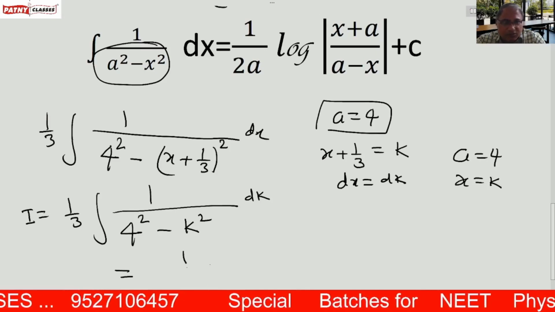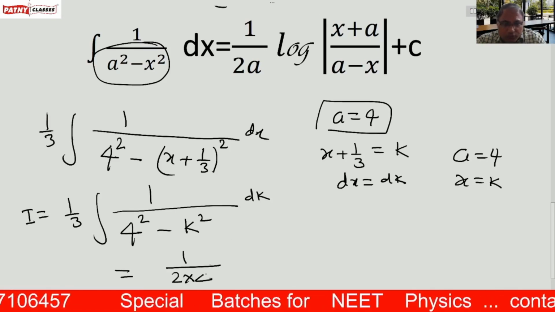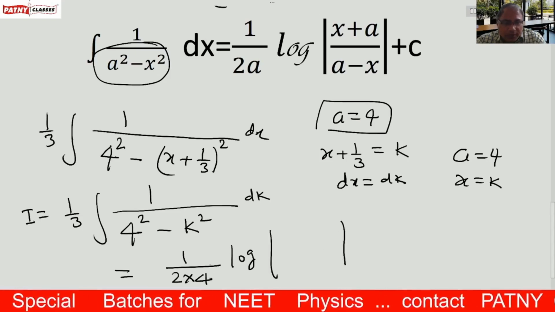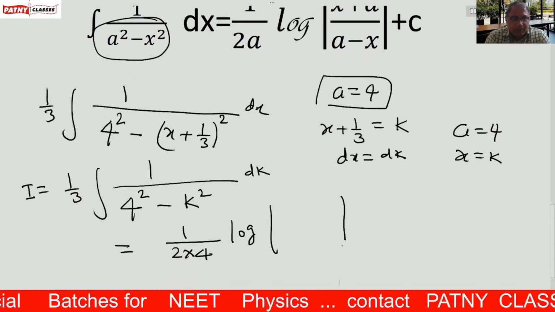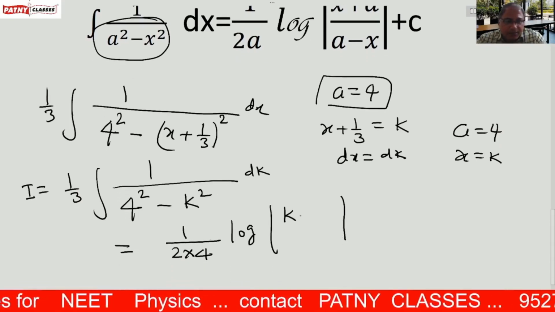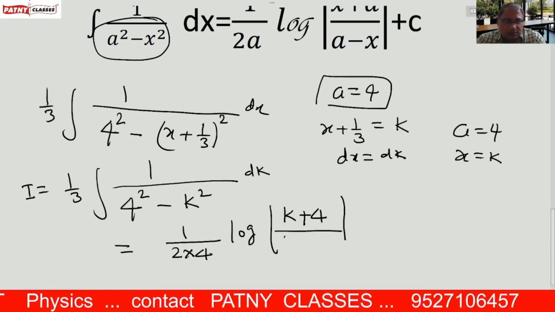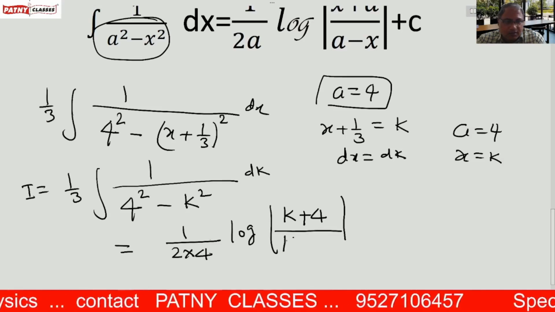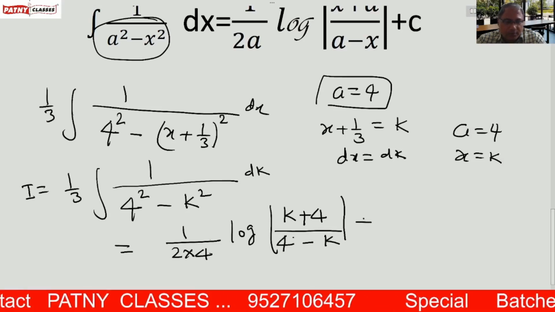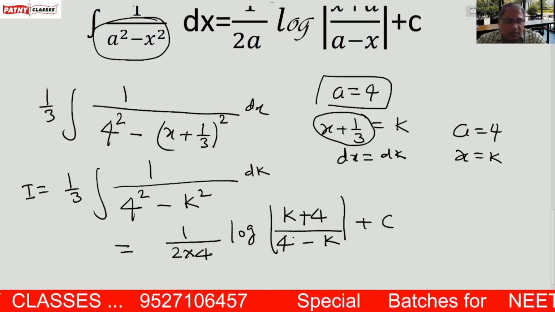We can apply this formula now. So 1 upon 2a, that is 2 into 4, log of, in place of x I can write k. So a plus k, that is 4 plus k, upon a minus k, that is 4 minus k, plus c.